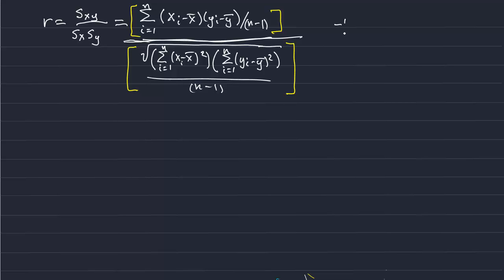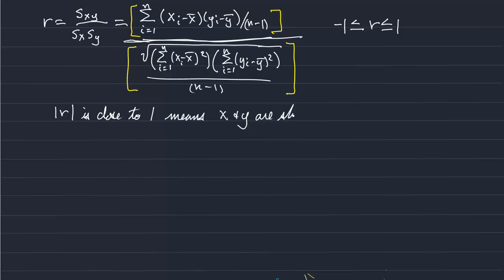And so R ranges from -1 to +1. If the absolute value of R is close to 1, then that means X and Y are strongly coupled to each other, or related to each other, in a linear sense.